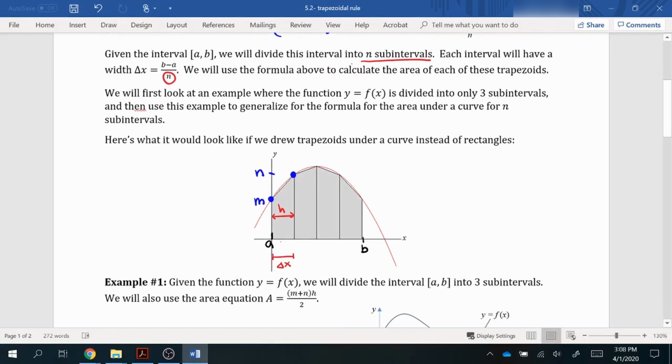So if I wanted to find the area for this picture, for example, your total area for this diagram is the sum of 4 trapezoids.